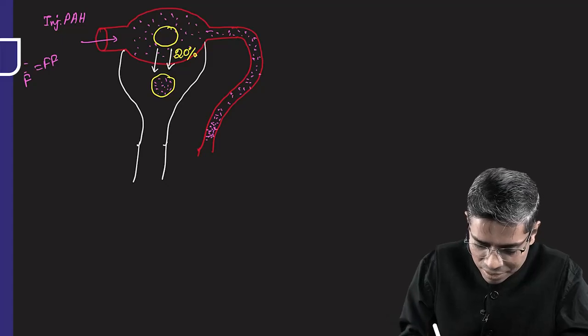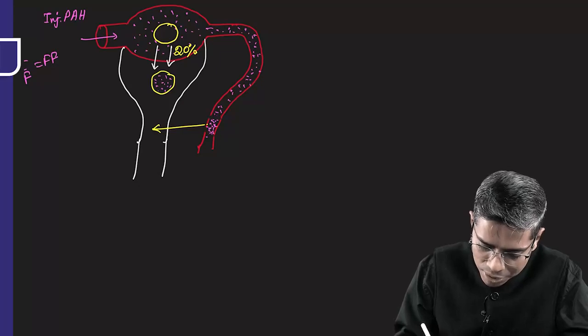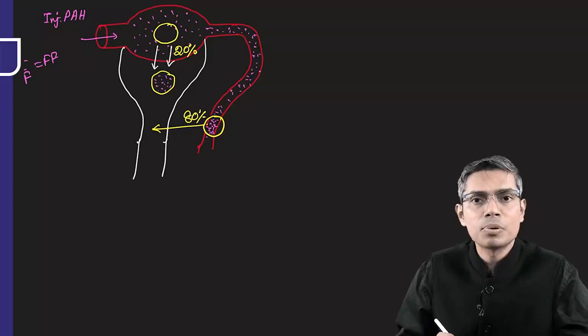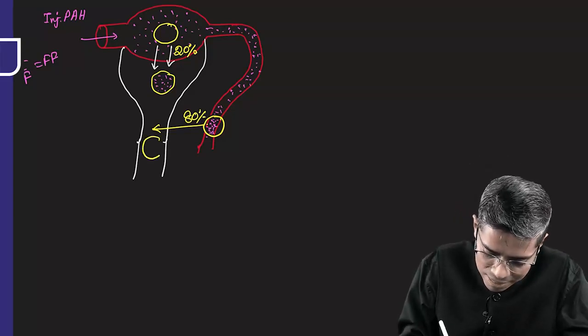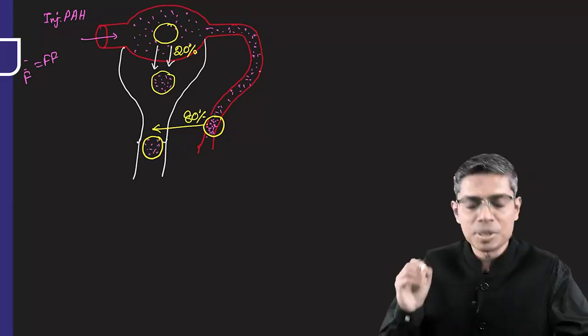So there is secretion of PAH. How much portion? 80%. The remaining portion of PAH is secreted at the level of your PCT.